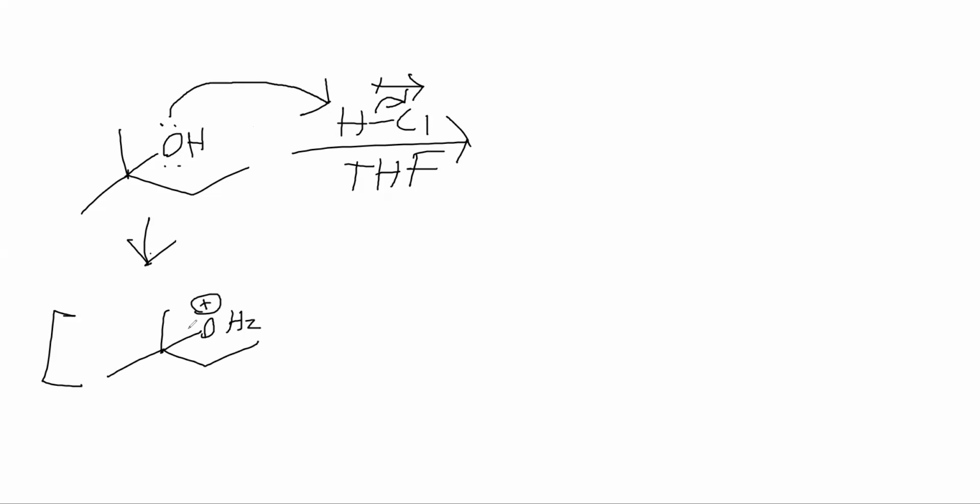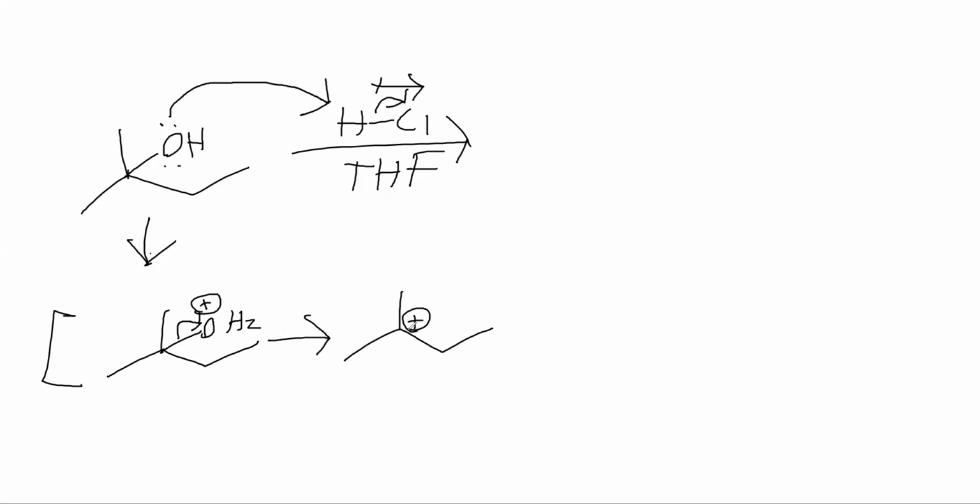So then we have this positively charged water intermediate. And it's positive, so it doesn't want to stay there. So it just leaves by itself. And then we get a carbocation here.